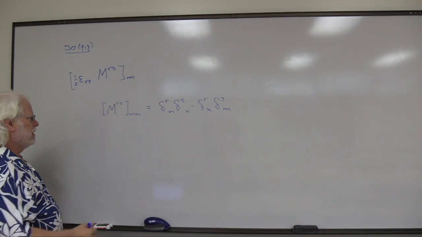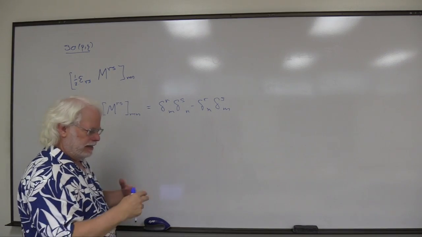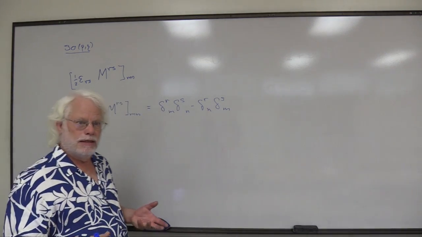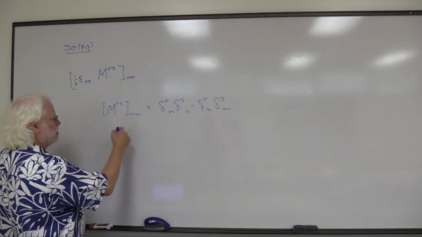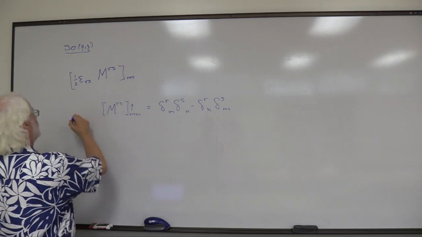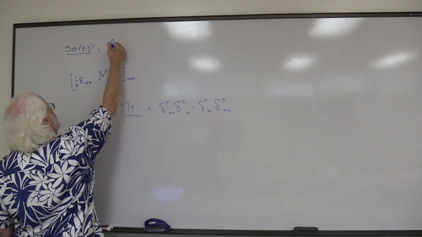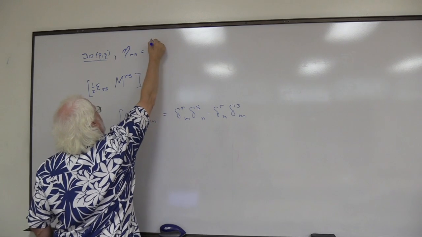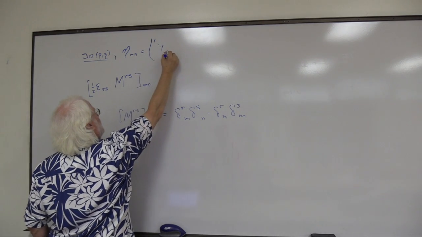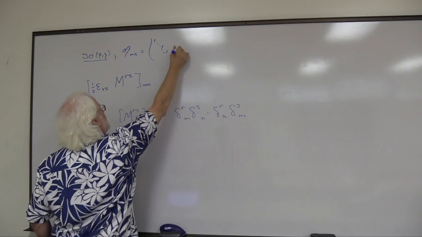And then the generators, we need to be able to multiply generators. They need to be 1-1 tensors. So I raise this using the metric. Let's suppose our metric here is eta MN, a bunch of ones, p ones and q minus ones.